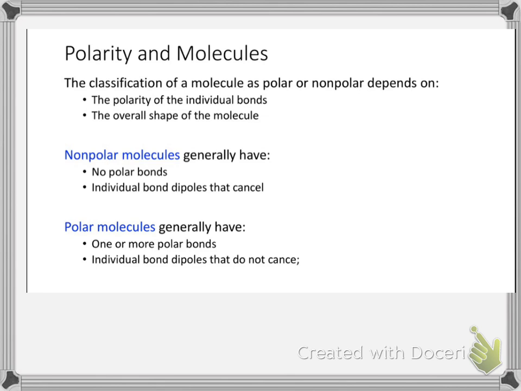Okay, so that's a quick review, verbally anyway, of polar, nonpolar, and ionic bonds. Before we talk about molecules, I want you to know that the idea of polar and nonpolar is the same. In molecules, you have multiple bonds coming into a central atom, and so we have the orientation of all of those bonds.